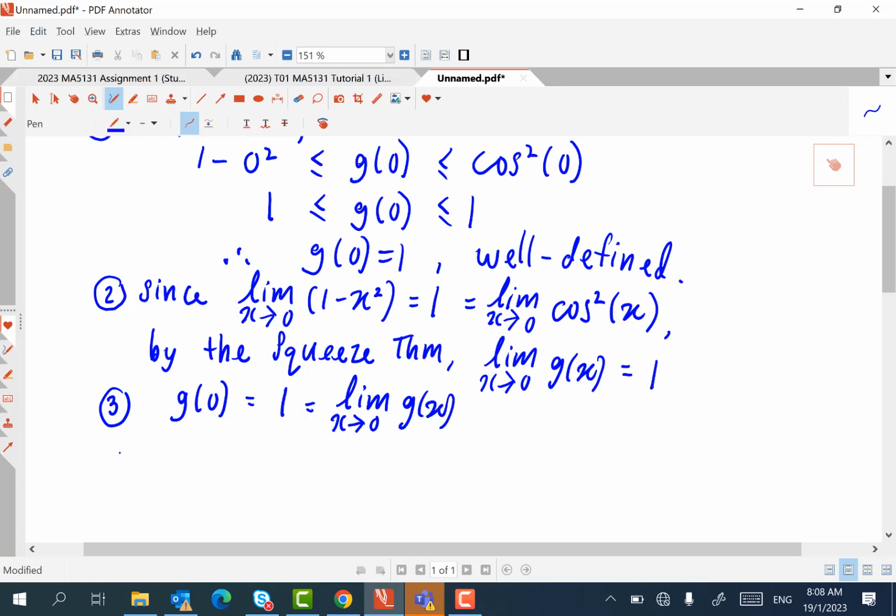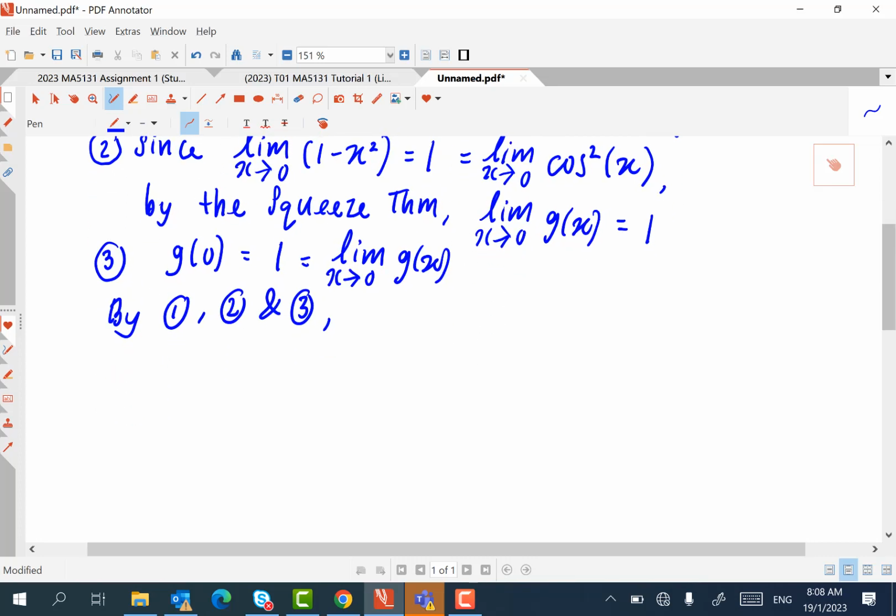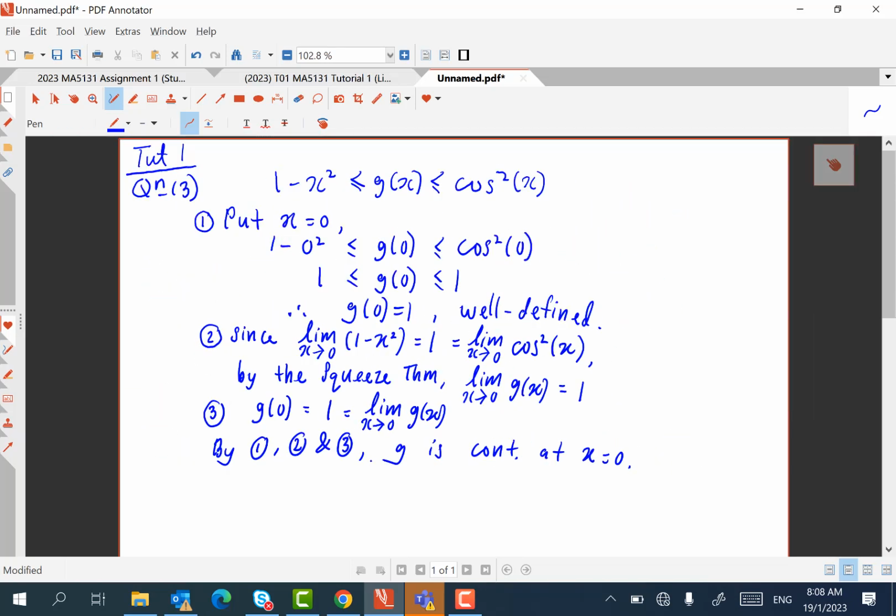Then say by 1, 2, and 3, g is continuous at x equals 0. Okay, so these are the 3 important ingredients that make up the conclusion that g is continuous at x equals 0.